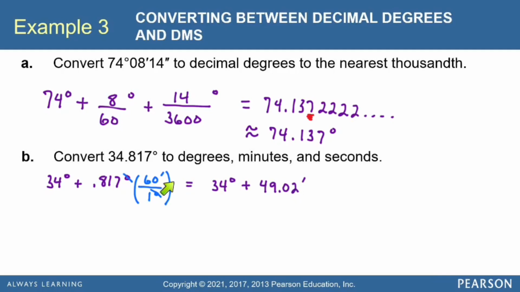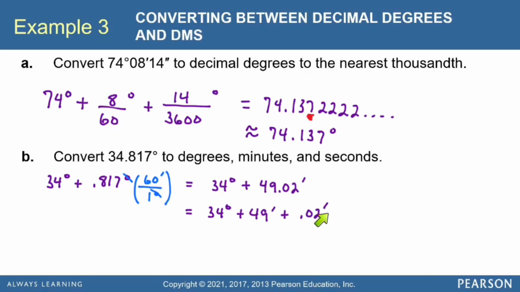See, we converted this partial degree into 49.02 minutes. Okay, now this partial minute, this 0.02 of a minute, represents some number of seconds. And so we're going to separate this answer now into 34 degrees and 49 minutes and 0.02 minutes.